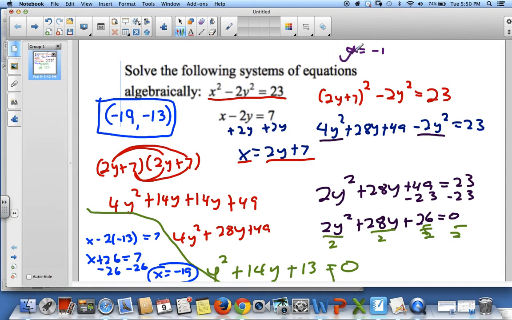When y equals negative 1, because down here we solved for y to be negative 1, I can plug that into here, and I'm going to say x minus 2 times negative 1 equals 7. x plus 2 equals 7. Subtract 2 from both sides. x equals 5. So 5 comma negative 1 would be the other solution.